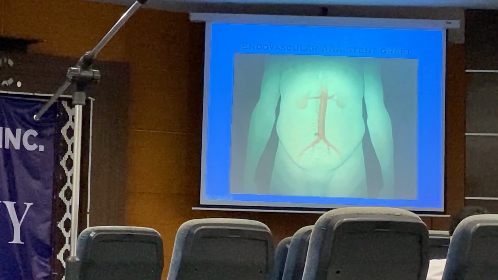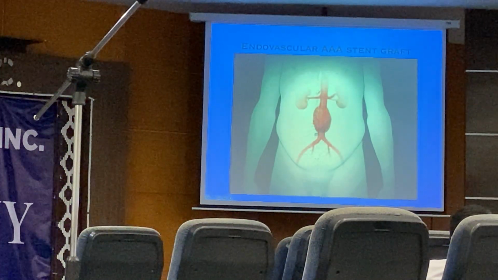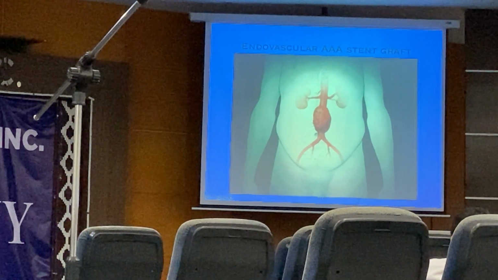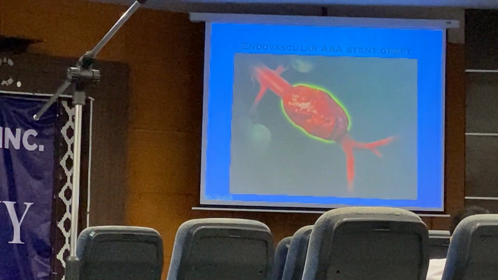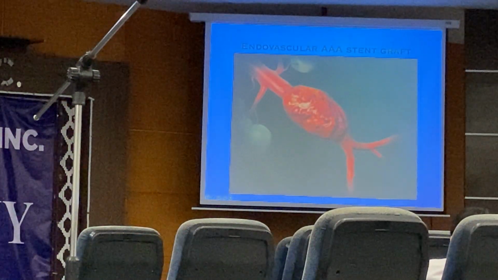So here, an aortic aneurysm at the abdomen. What we do is just try to cannulate the common femoral artery.